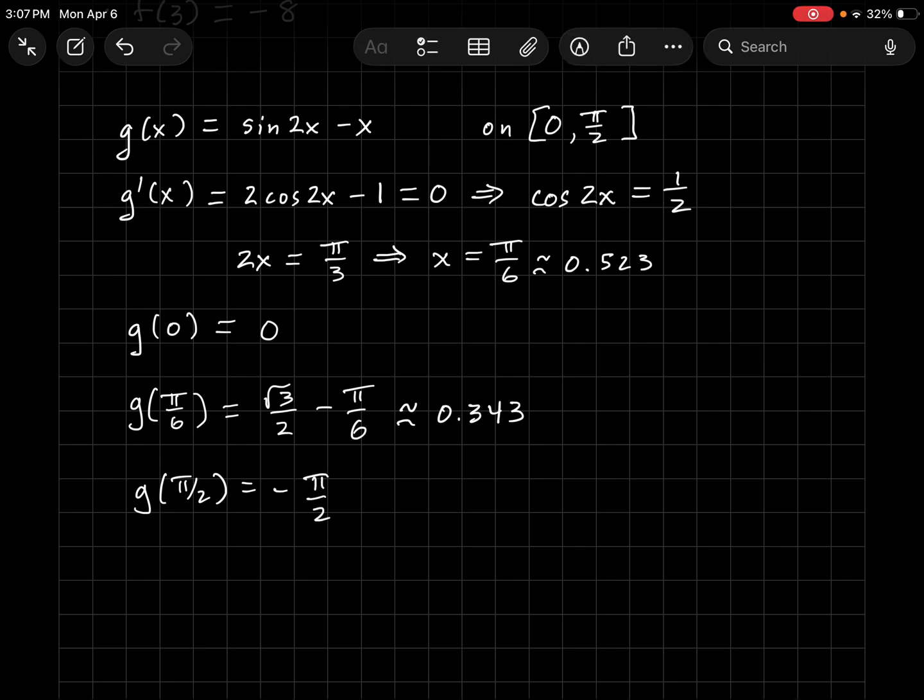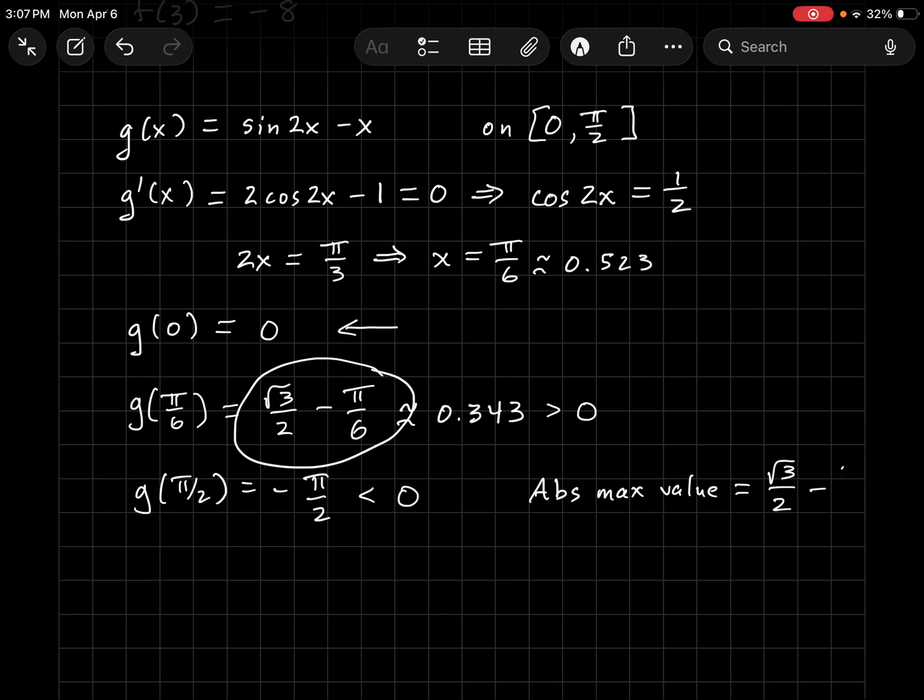I'm not going to get the value for that because I see that one of my potential values is 0, one of my potential values is positive, and my other potential value is negative. So the absolute max value is that one, the only value on that interval at those points that is positive.